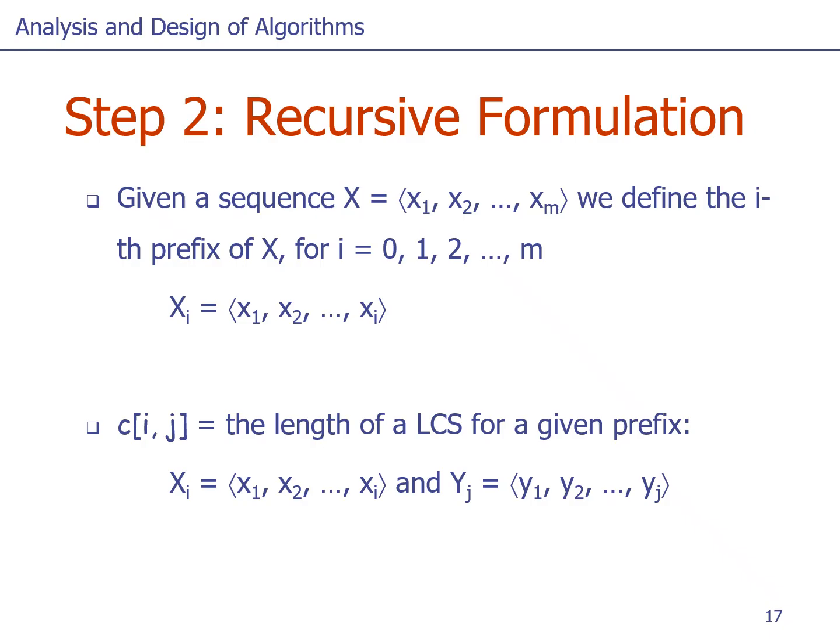So x of I is going to be from 1 to I, and y of j is going to be from 1 to j, where x and y are the two strings I'm trying to match. Basically, every cell in the array of solutions is going to be an optimal solution to a shorter version of the string I'm working with.